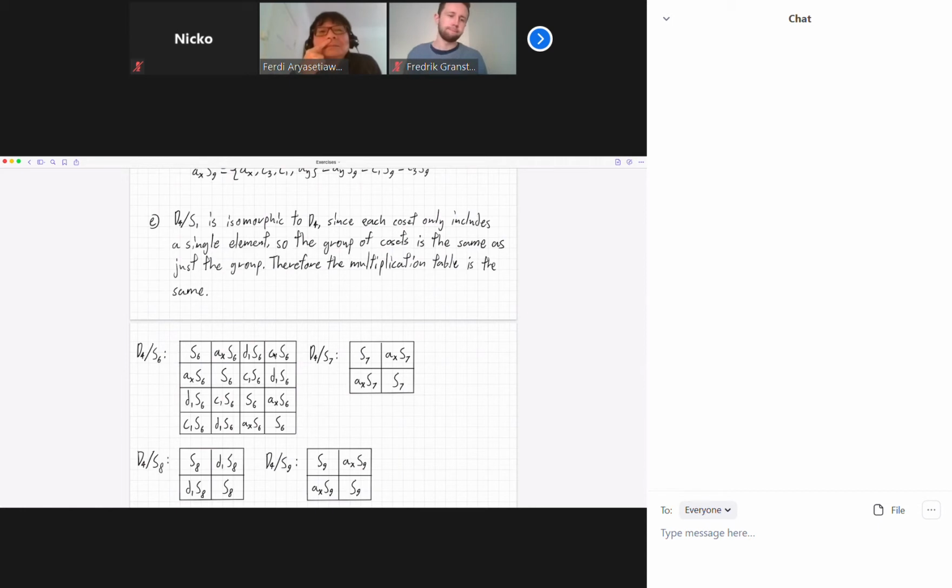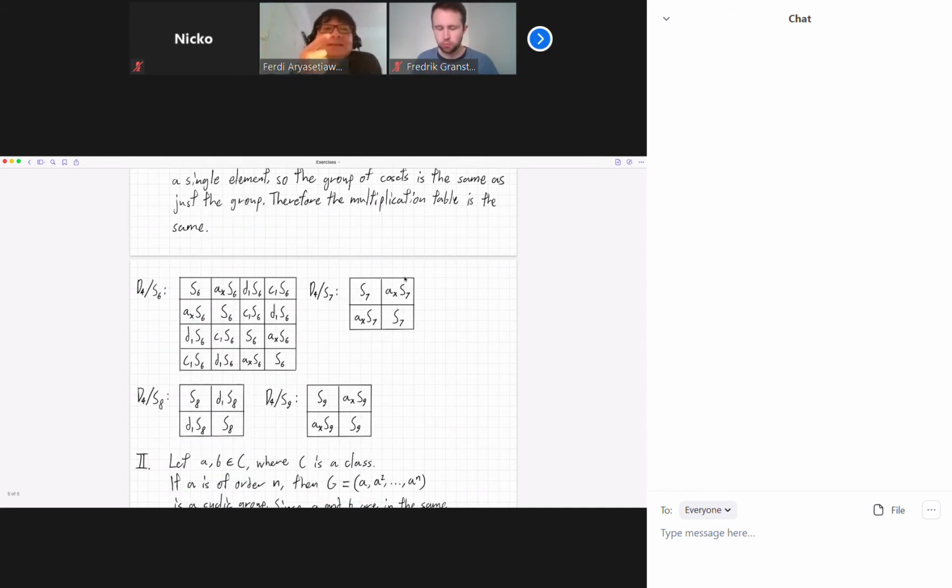C1 times C1 is C2, which leaves the group unchanged. And then we get the unit element. And then on the diagonal ones, we get AX and D1 gives us C1. Same thing here with AX and C1, and then C1 and D1 gives us then AX. So then we get our factor group.